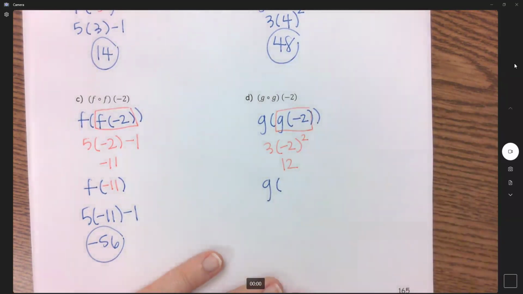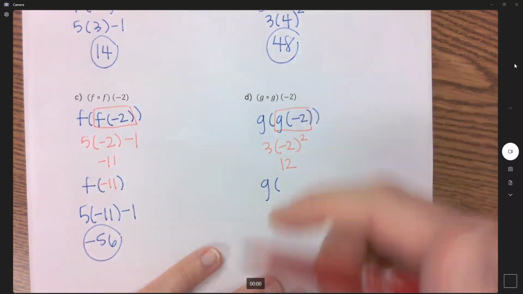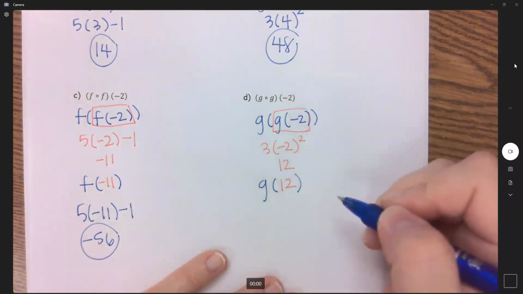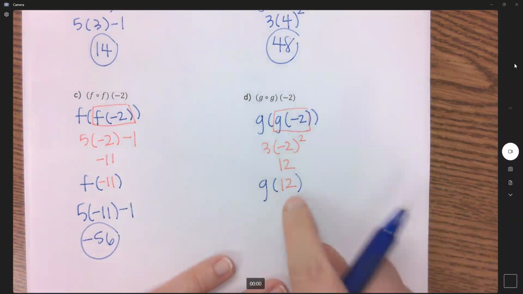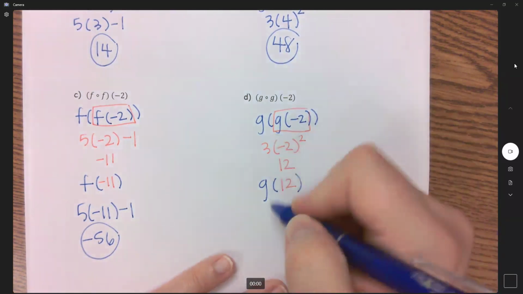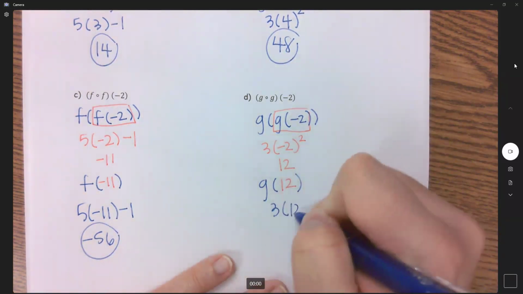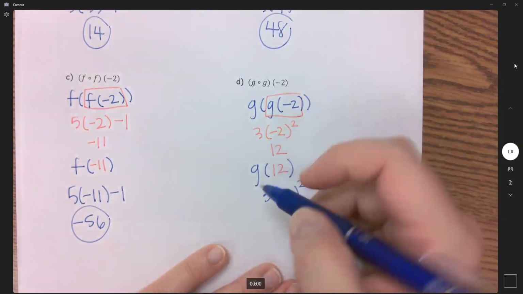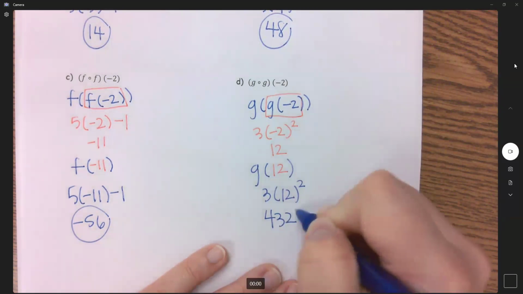So then g of negative 2, we just evaluated to equal 12. And now go back into that same function and replace that x again, now with 12. So 3 times 12 squared, 12 squared is 144, times 3 is 432.